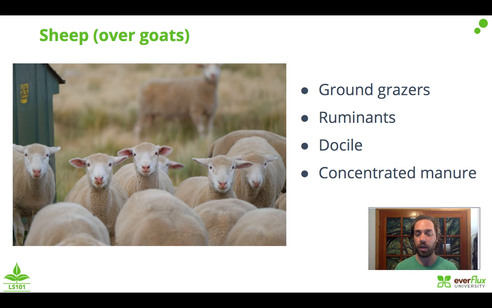It's also been digested so much that it should be relatively free of harmful pathogens, and weed seeds should be killed off. Now, another advantage of sheep over goats is that they are pretty docile. As I mentioned, their manure is a little bit more concentrated, but you can get a lot of the same benefits from sheep as you can from goats, and they're medium-sized animals that are pretty docile and easy to control.